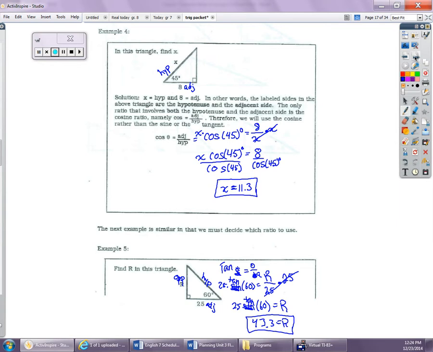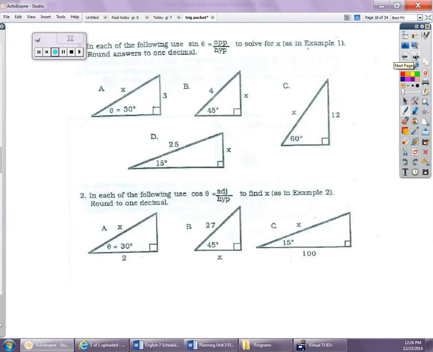So if we just move on. When we look at these, here's our angle. We have opposite, hypotenuse, so that's sine. Sine is opposite over hypotenuse. So the sine of 30 equals opposite, which is 3, over x.